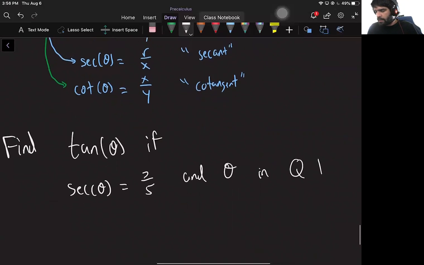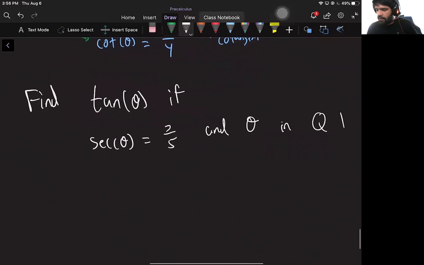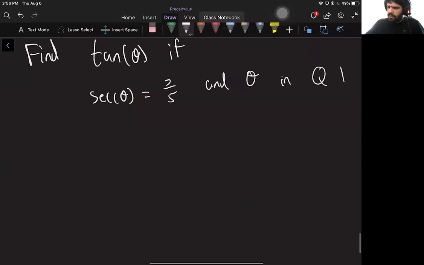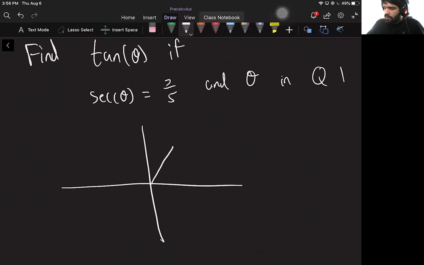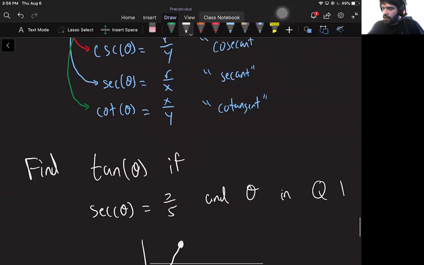You can do the exact same types of problems, you just have to label differently. So let's go ahead and do this one. So how do I do this one? Well, I know that theta is in quadrant 1, so I draw my theta there.